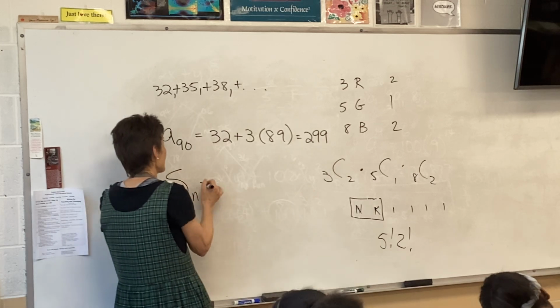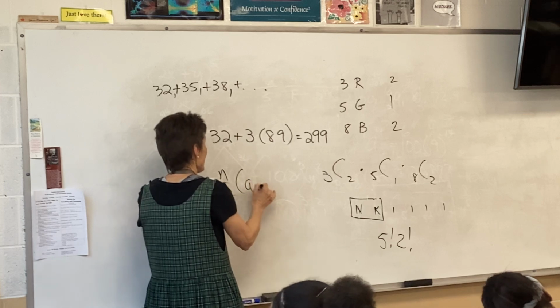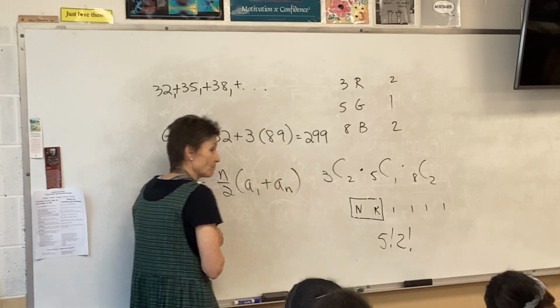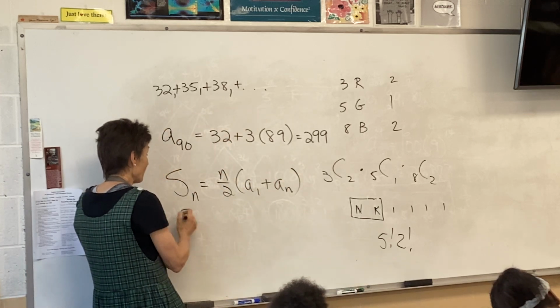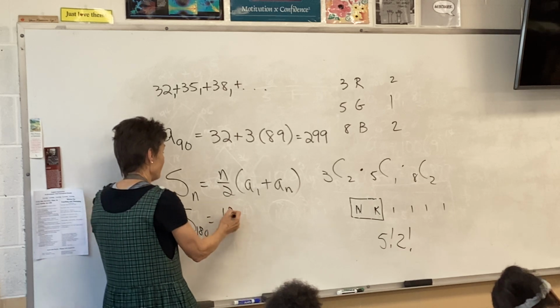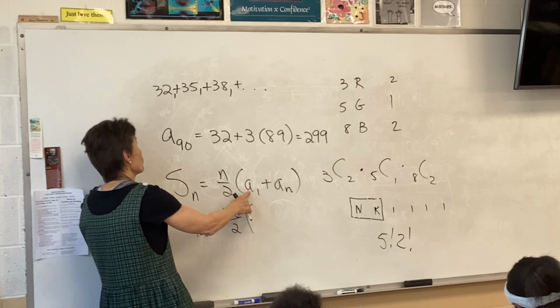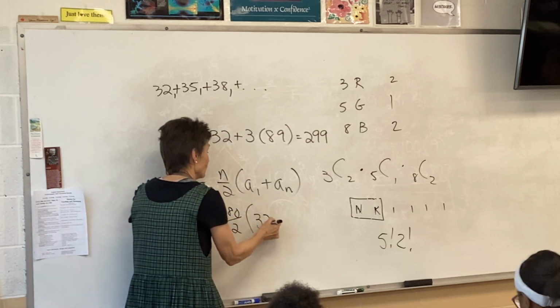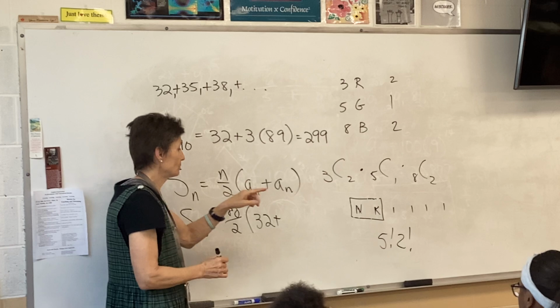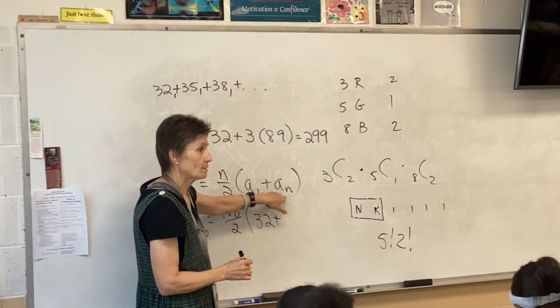That is my sum formula for an arithmetic sequence. So I'm adding up 180 of them. I know that the first one is 32. What needs to go here?